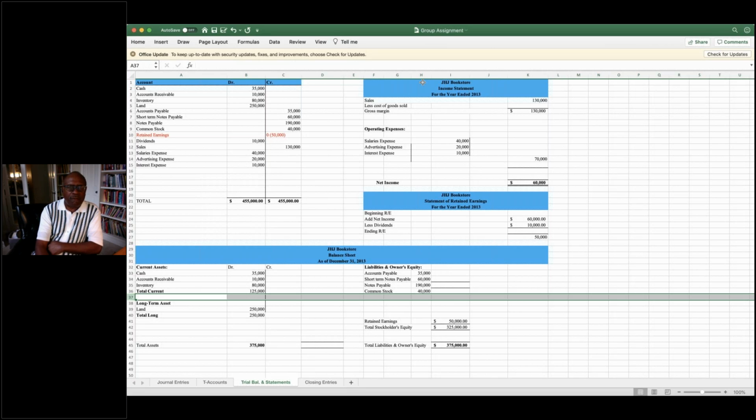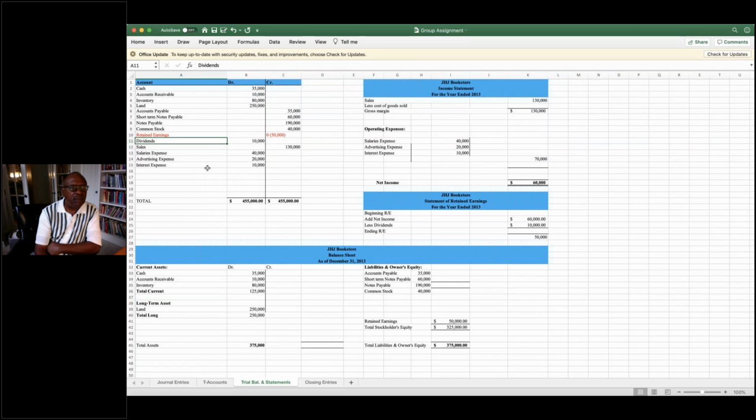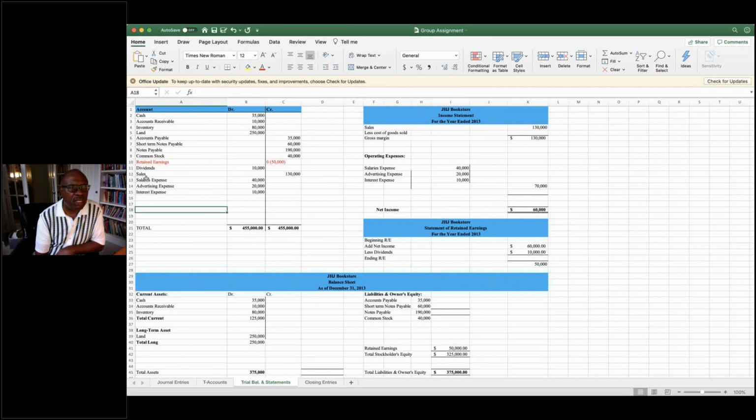Okay. First, we do the income statement. That tells us how much money the business made. So we're going to go to dividends, and I can underline dividends.